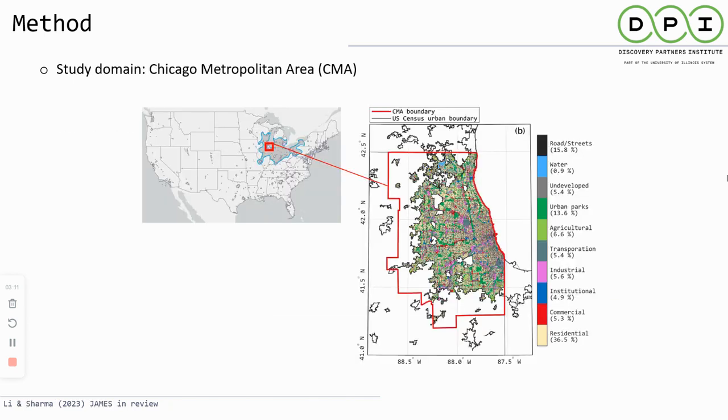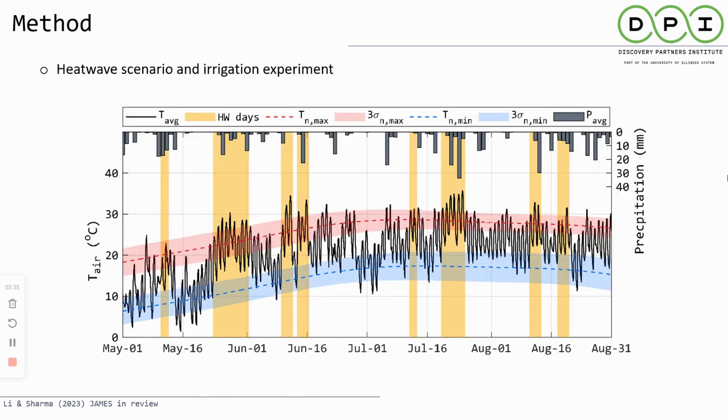And this is our study domain, which is the Chicago metropolitan area. As you can see, there are lots of diverse land uses in the Chicago area. Most of that is residential region, where you can have a front yard, a backyard, and do the irrigation, do a lot of stuff with your plants.